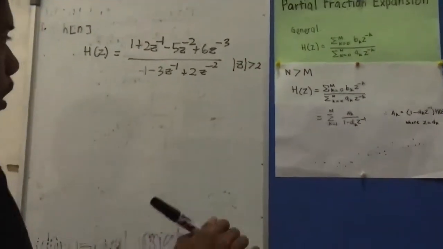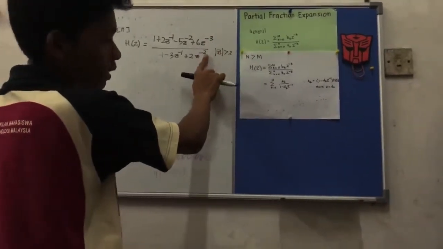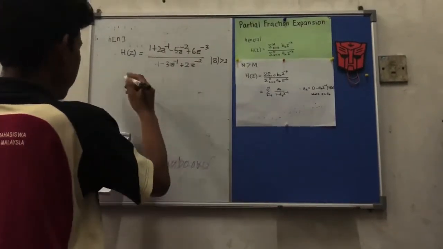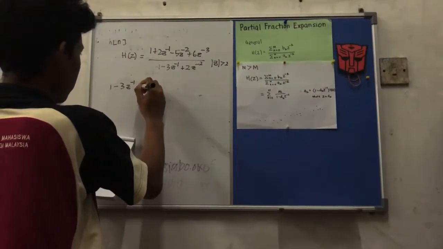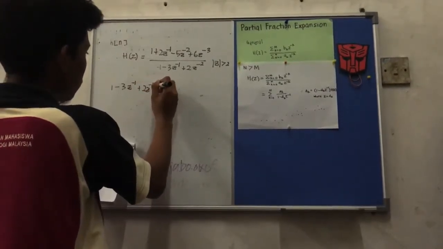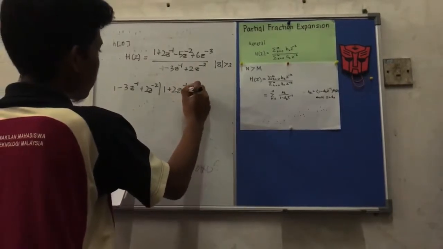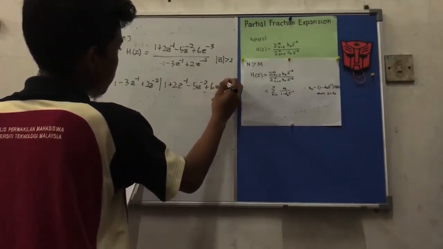So first of all, as we can see, M is greater than N, so we need to do long division: (1 plus 2z^(-1) minus 5z^(-2) plus 6z^(-3)) divided by (1 minus 3z^(-1) plus 2z^(-2)).